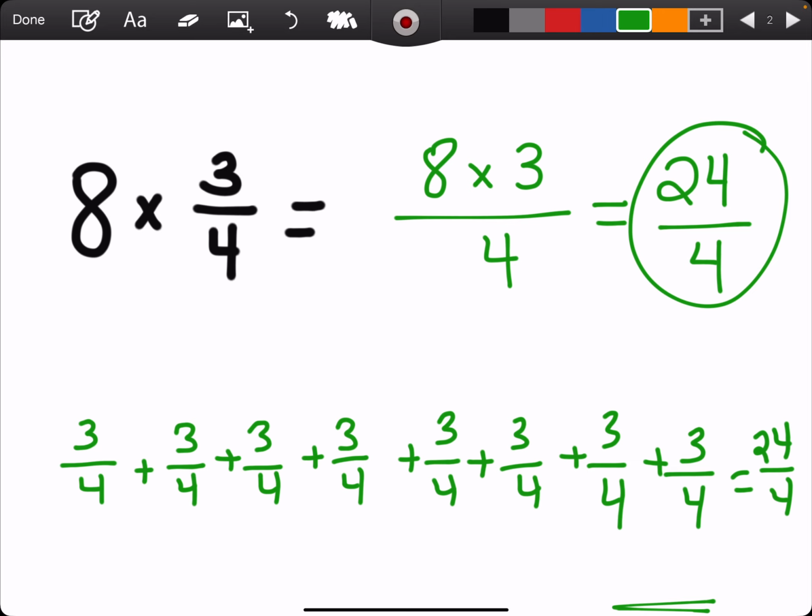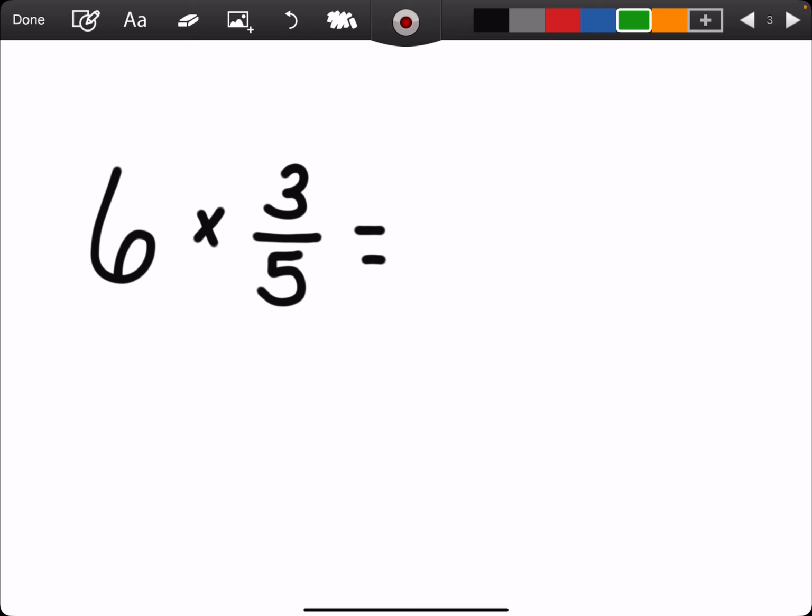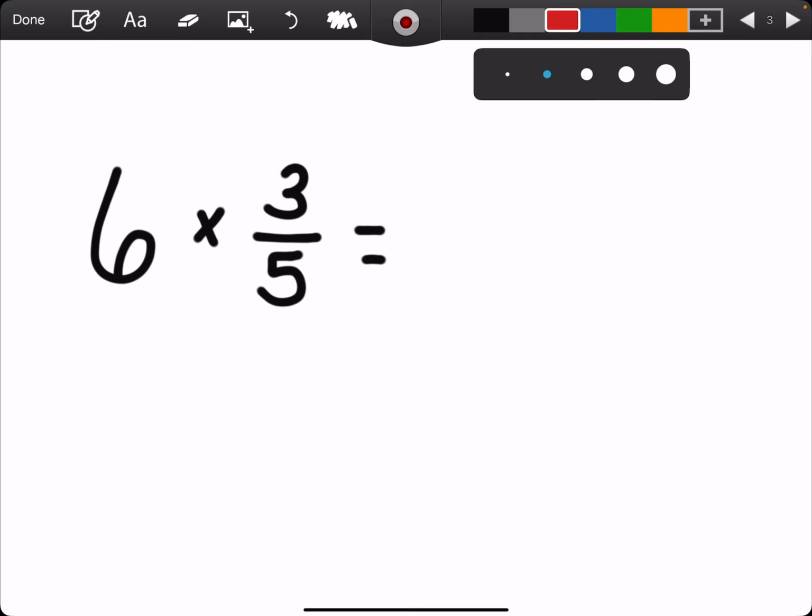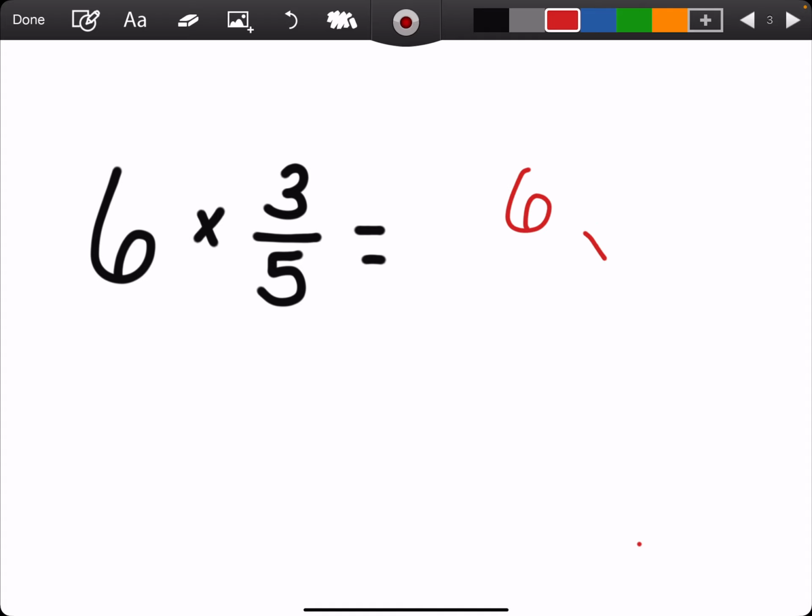Now, I will go to the next one here, and I will show you. What I would have shown in the past when I rewrote this would have been 6 times 3/4, and I would always put a 1 under my 6, because 6 wholes is the same as 6 in my numerator and 1 in my denominator.